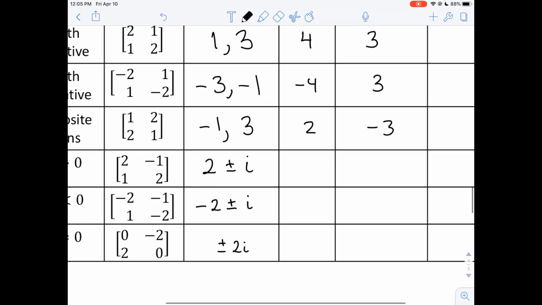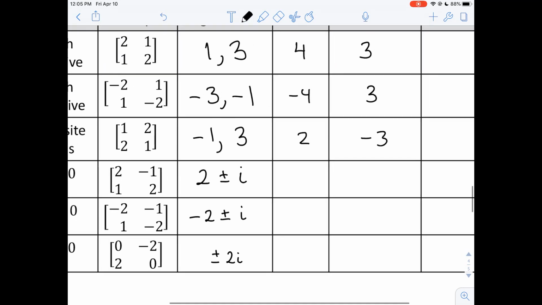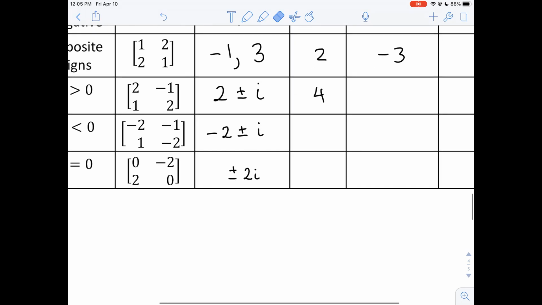In the case of complex eigenvalues, this is still true. Let's add the two eigenvalues together, 2 plus i plus 2 minus i. The 2's will combine to 4 and the i's will cancel. You should get a trace of 4. Add the main diagonal together, you also get 4. Multiply the eigenvalues, and let's do that work down here real fast.